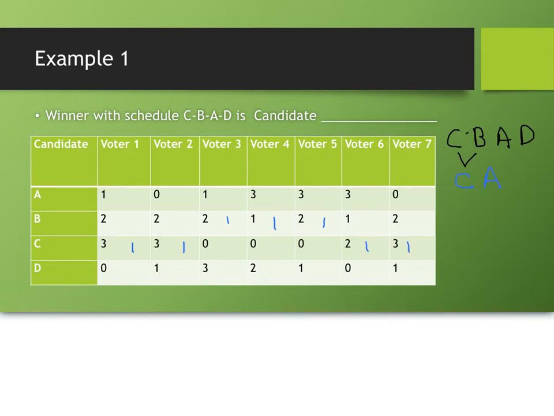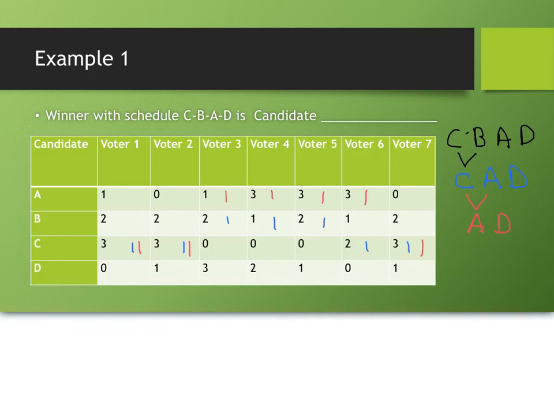We have A and D left. So C versus A. C wins, C wins, A wins, A wins, A wins, A wins, C wins. So obviously in that case, 4 votes for A means that A wins.